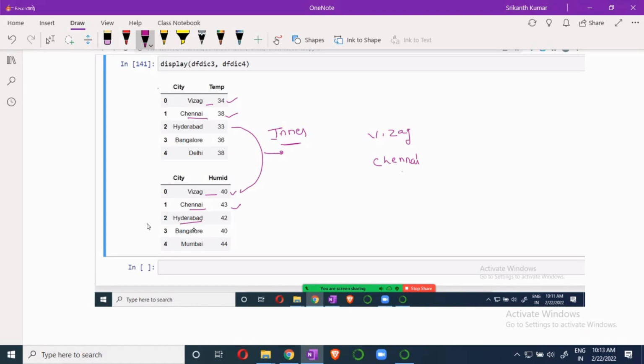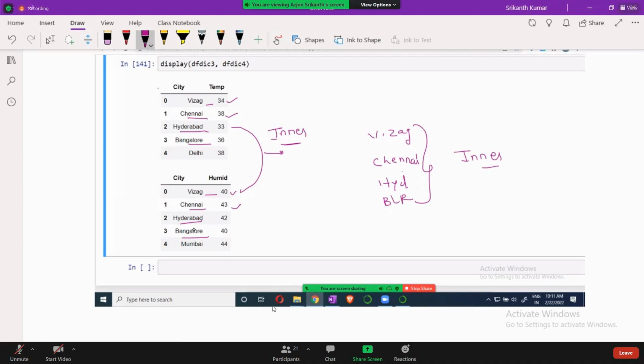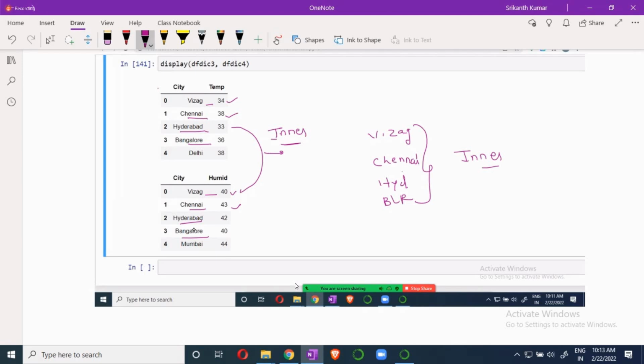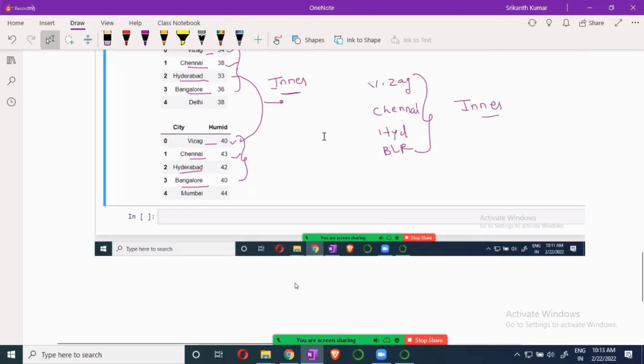Hyderabad and Hyderabad, so Hyderabad will be displayed. Next, Bangalore and Bangalore are there, so Bangalore will be displayed. When I apply inner, the common values which are in both the data frames will come over here. Clear, guys? This is all about the inner.